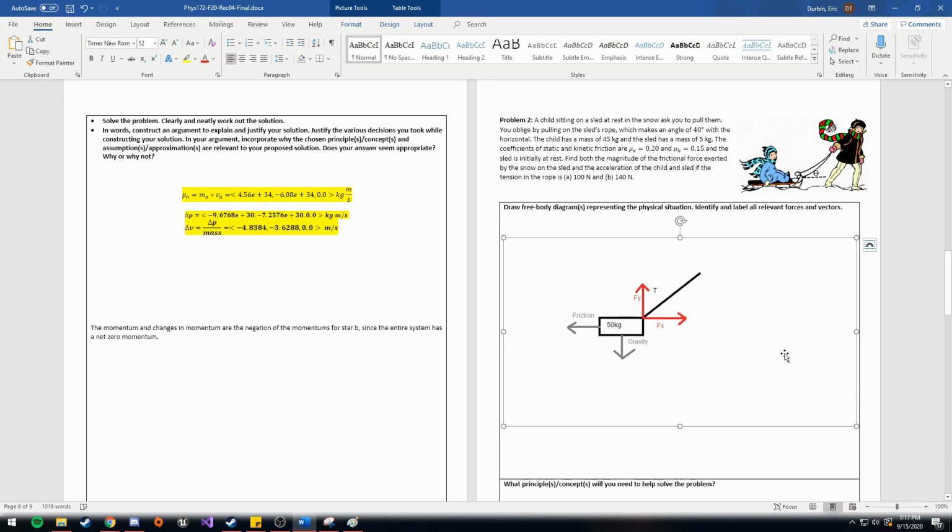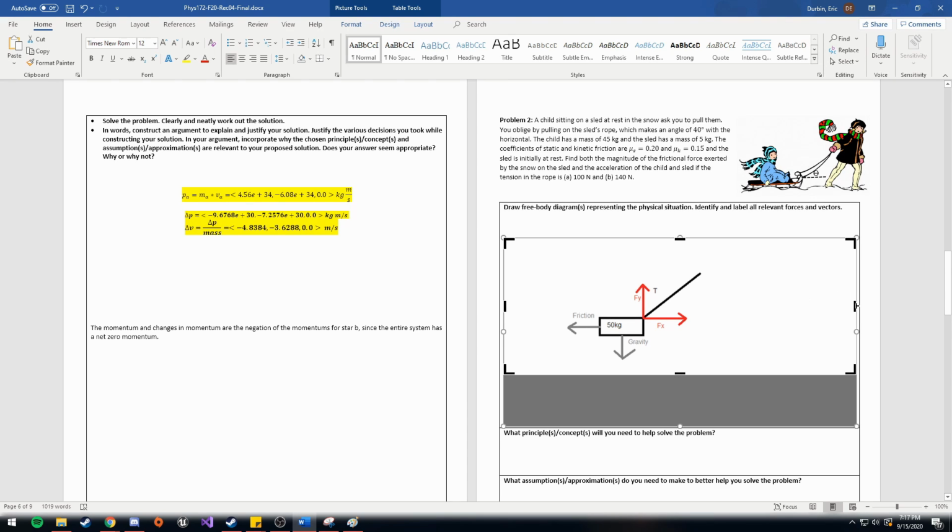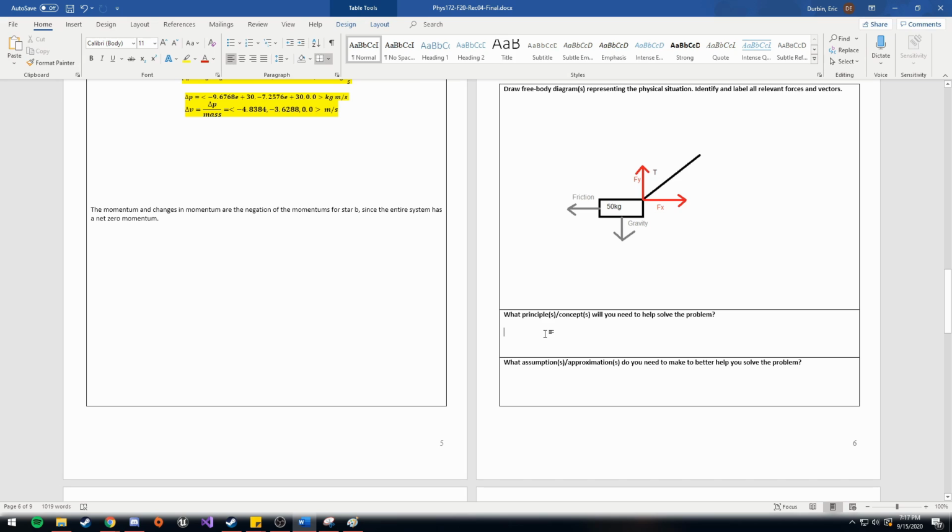Yes, I think so. And then the force equals mass times acceleration. Friction concept, and I think that's it, right?